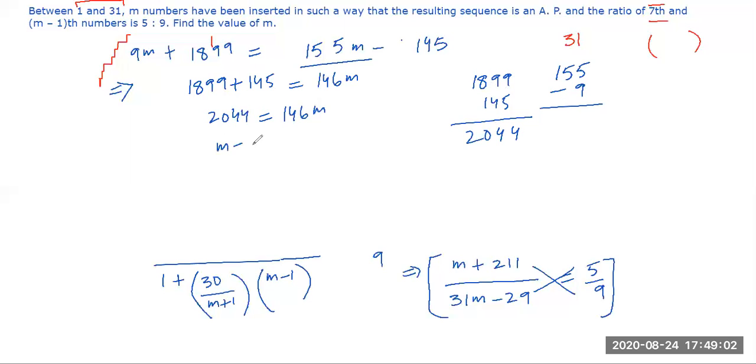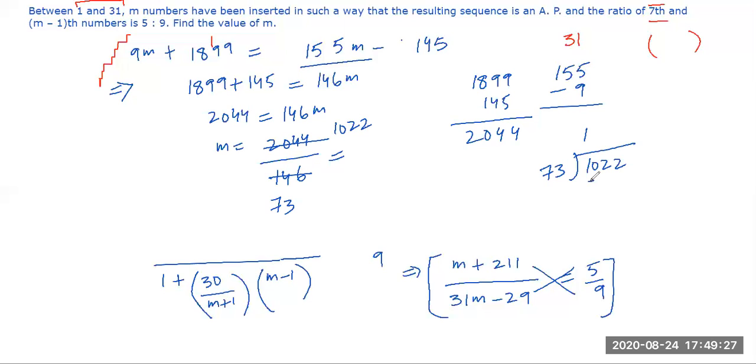So what is m equal to? 2044 divided by 146. So let's divide this by 2. So 73 and this is 1022. So if you further divide 1022 by 73, how much is this?